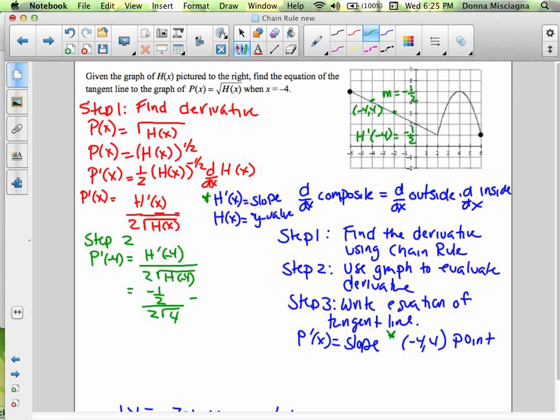So this would be negative 1/2 divided by 2 times 2, that's the square root of 4. Dividing by 4 is multiplying by 1/4, so negative 1/2 times 1/4 would be negative 1/8.